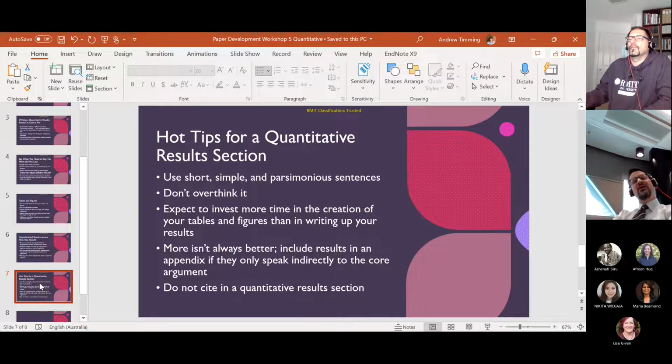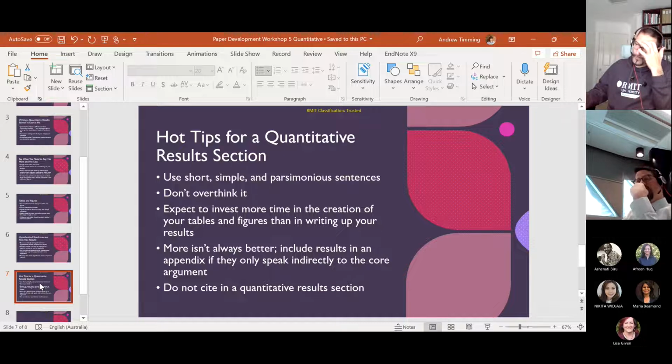And the last point I would wish to make here is that this isn't a place for citation, right? As I said before, you're not discussing the importance of your results. You're not talking about why they matter or how they're similar or different to what other people have argued or found before. All of those types of discussions should be in your discussion and conclusion section.